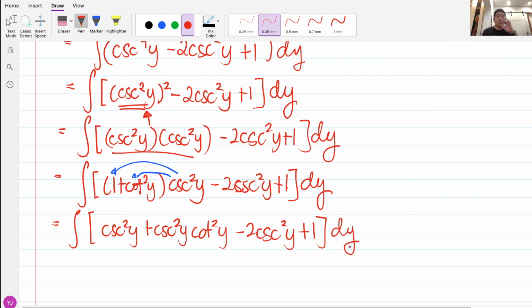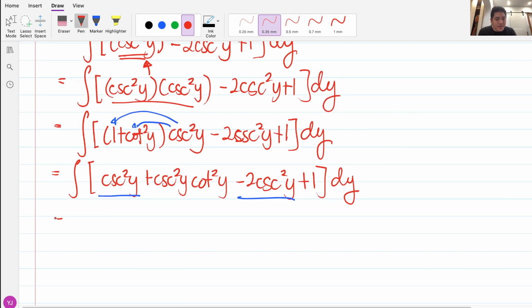So before I continue, if you're going to notice, we have cosecant squared y minus 2 cosecant squared y. So we can simplify it as just negative cosecant squared y. In other words, it's just algebra, right? Because they have the same term. So this will disappear, and this negative 2 will become negative 1, or simply negative cosecant squared y.